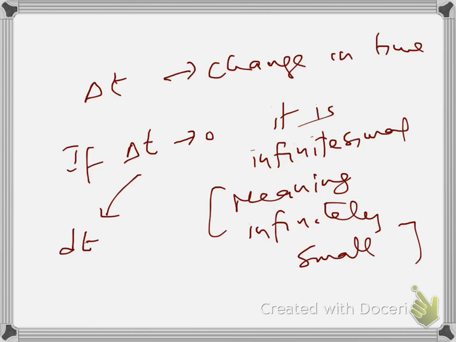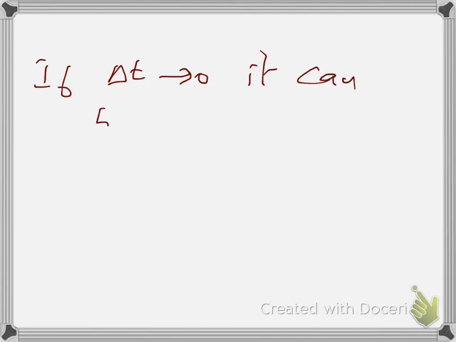So delta T can be written as dt if delta T tends to 0. That's the meaning of dt. So dt means very small change in time tending to 0.